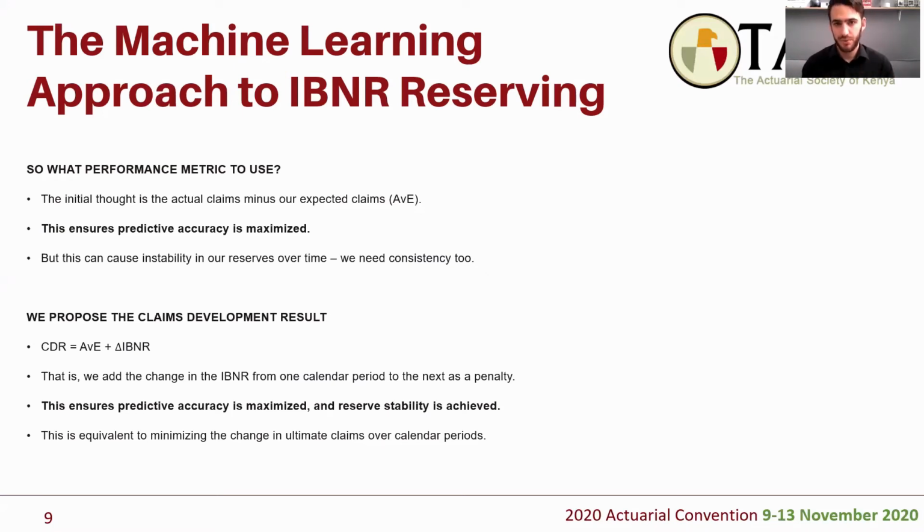And what we're trying to do is minimize that score metric. So if we're minimizing our AVE and we're minimizing our change in IBNR, what we're doing is we're ensuring predictive accuracy is maximized, but also at the same time that our reserves are stable over time. And this is also equivalent mathematically to minimizing the change in ultimate claims over calendar periods.